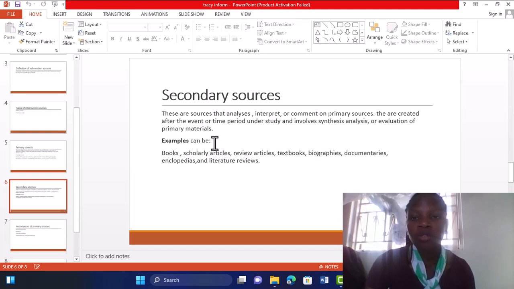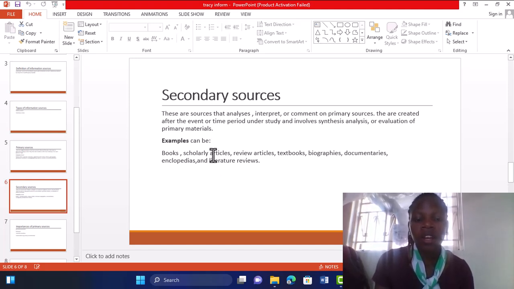We write books depending on primary sources. Many people are starting to write books. They always cite other books, meaning that they are not the original authors. They just pick information from original authors and come out with their own ideas. That is why we say those books are under secondary sources. It is not an original material.